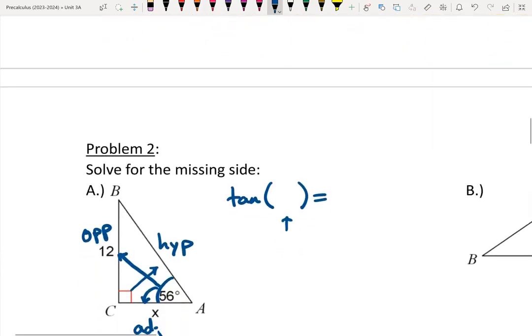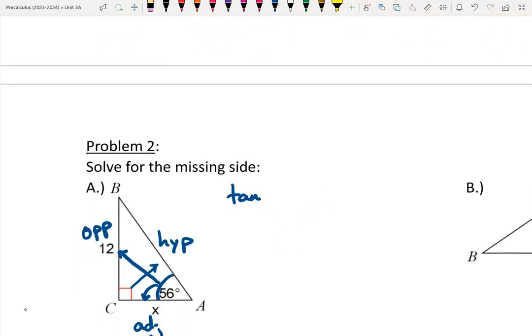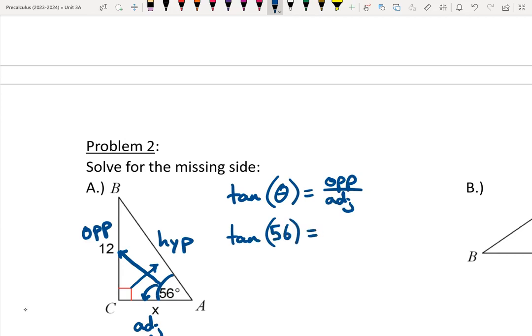So if we are doing tangent of theta equals opposite over adjacent, O over A, what is our theta? The 56, not the 90. It'll be the 56. Tangent of 56 equals, what are we given as our opposite side? 12.